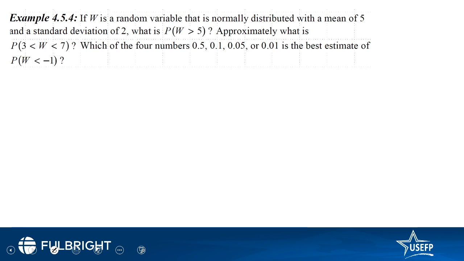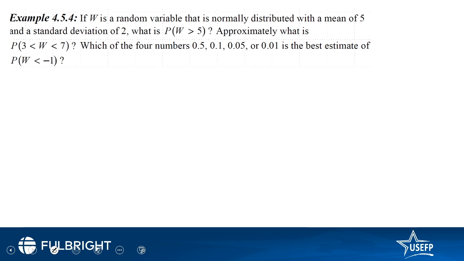Now the next question. If W is a random variable that is normally distributed with a mean of 5 and a standard deviation of 2, what is the probability of W greater than 5?